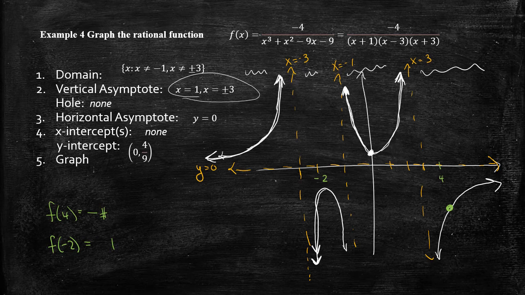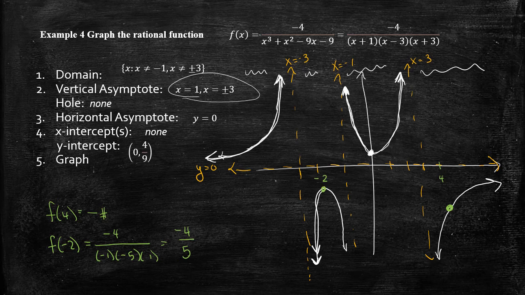f of -2: I have a -4 in the numerator. In the denominator, I'm going to look at the factored form because I think it'll be easier. I have -2 plus 1, so that's -1. -2 minus 3 is -5, and then -2 plus 3 is +1. So I have -4 in the numerator and 5 in the denominator, giving the value -4/5.